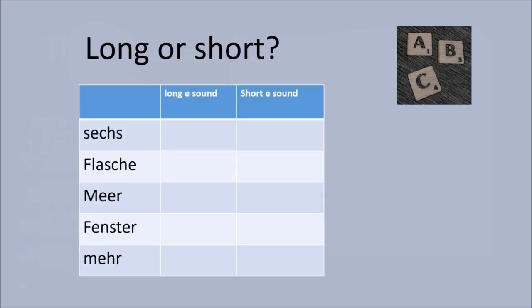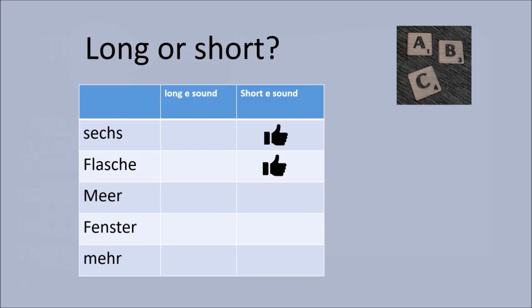So, is this a long E sound or a short one? I'll give you a few seconds to think about it. And I'm about to reveal the answer, so again pause the video if you're not done. Sechs, that's a short.